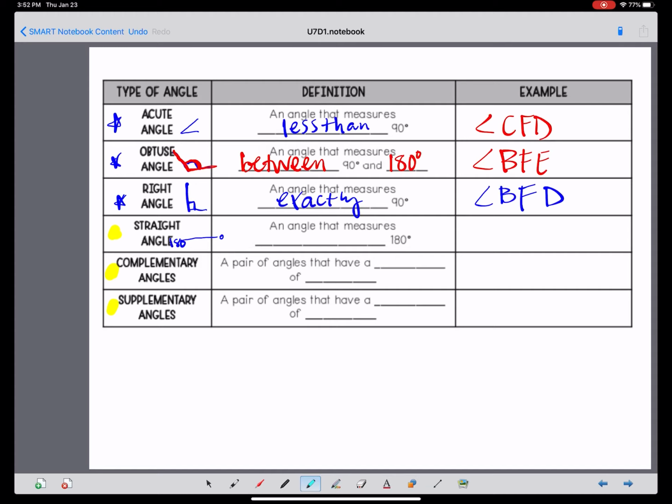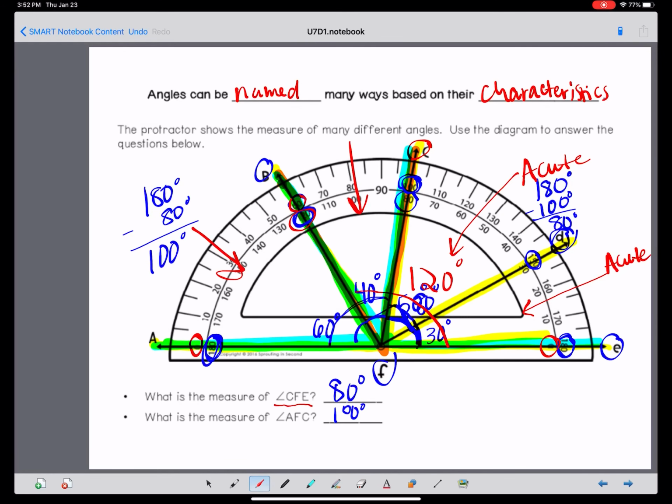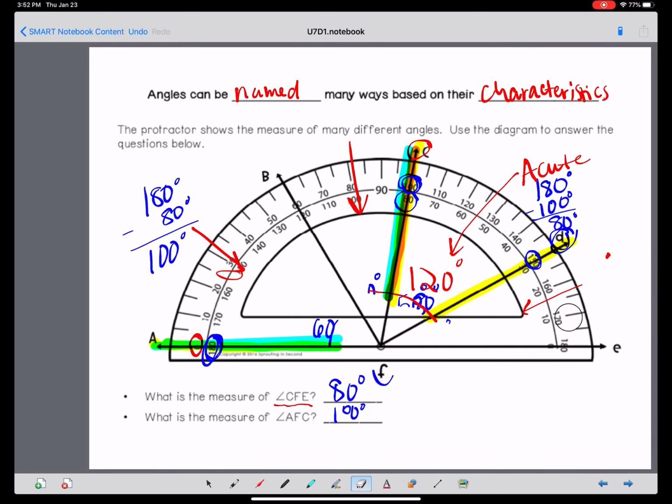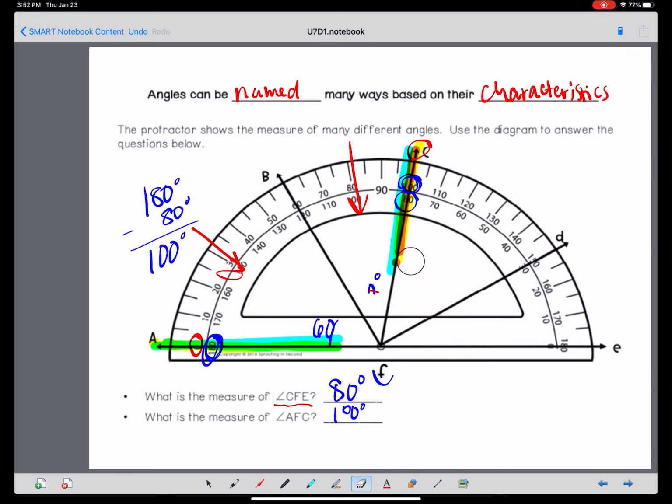The next one says a straight angle. This is an angle that measures exactly 180 degrees. So let's take a look over here. It's going to be an angle that just is a straight line. Angle A to F to E will give me a straight angle, just a line.